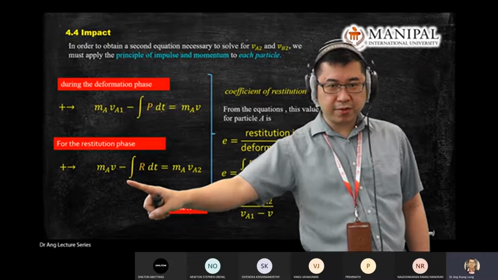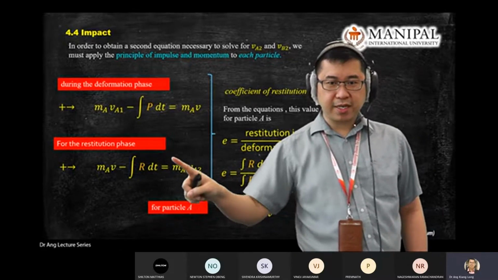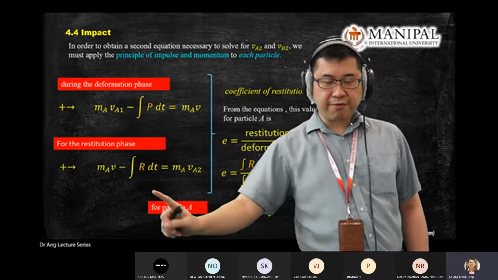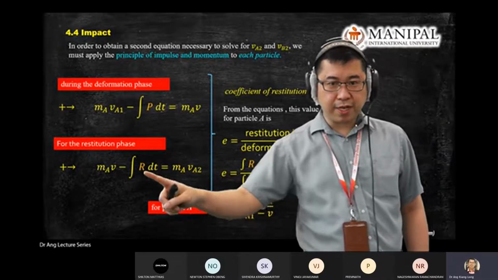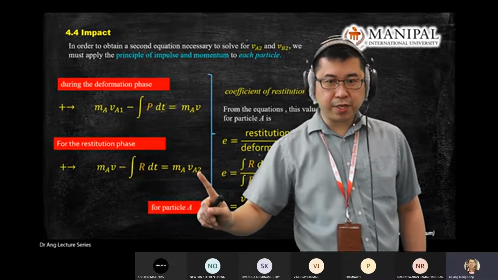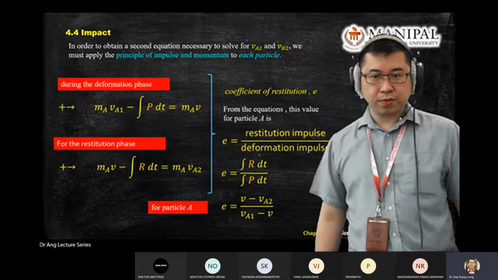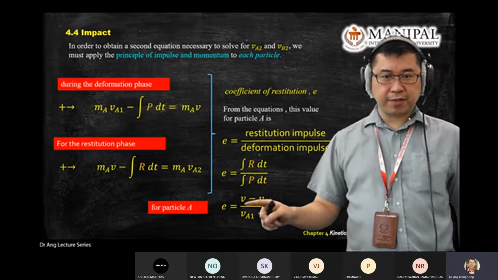If you pull this one to the right, then you pull this one to the left. You put this one to the left, and you get MA VA minus MA VA2. You put it on the top here.